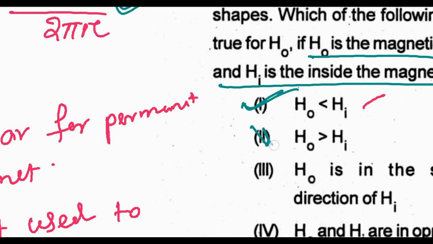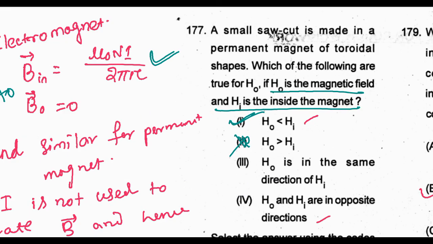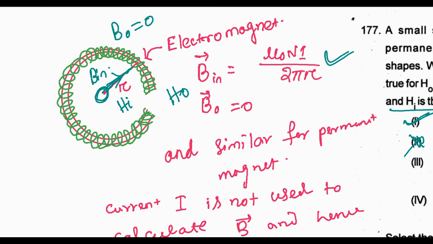This is wrong. Next is H0 in the direction same as Hi. H0 is not in the same direction, because if we explain this from the center, this is decreasing. B is decreasing and hence H is also decreasing. That means from this, the H is in this direction, I can consider it to be Hi, and in this direction I can consider it to be B output.